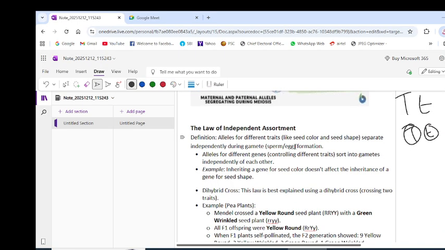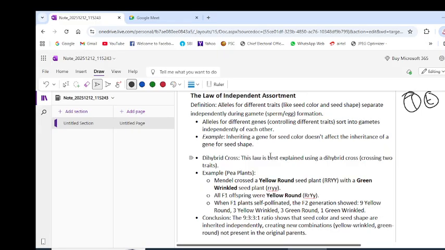Next, the law of independent assortment. Here, he did a dihybrid cross, and he proved that alleles for different traits, like seed color and seed shape, which are two different characters, separate independently during gamete formation.